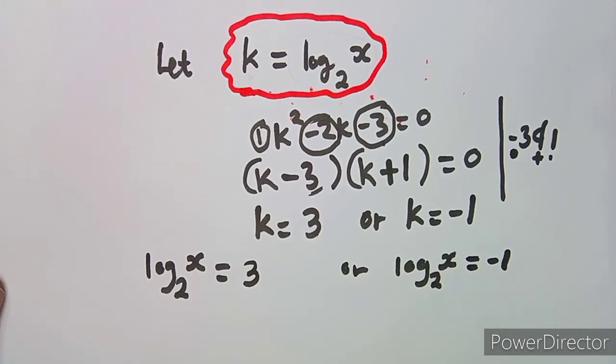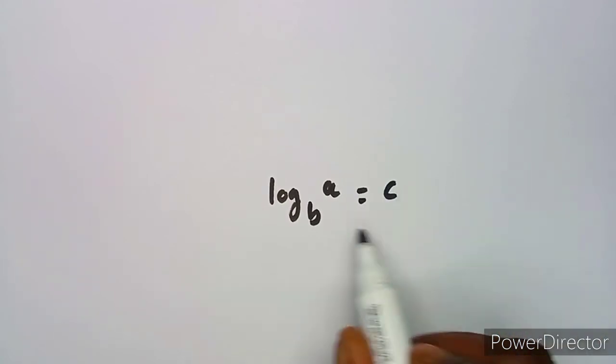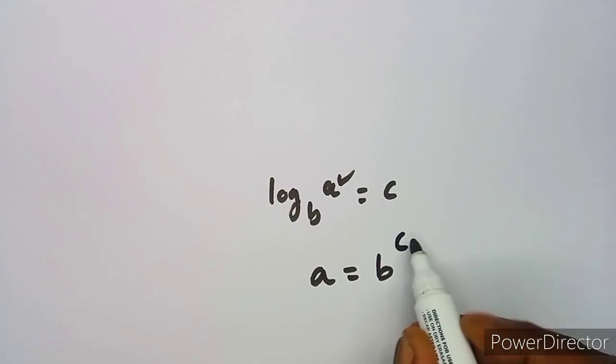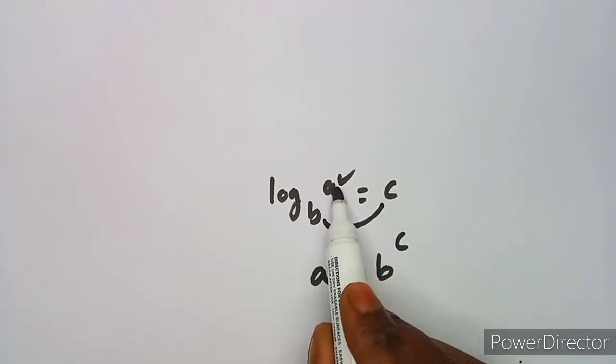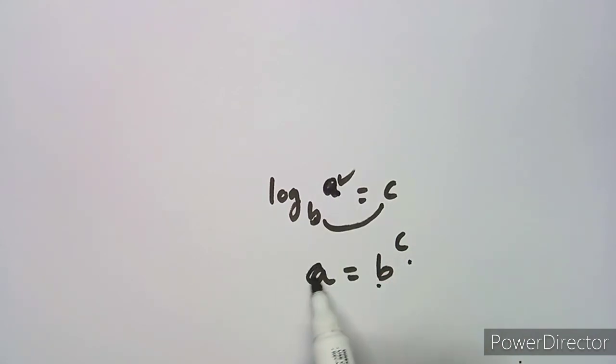So how am I going to find the value of x? Remember, guys, from your laws of logarithms, log a base b is equal to c can be written in exponent form as a is equal to b to the exponent of c.